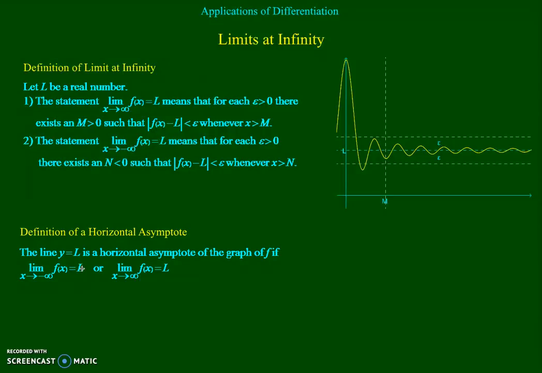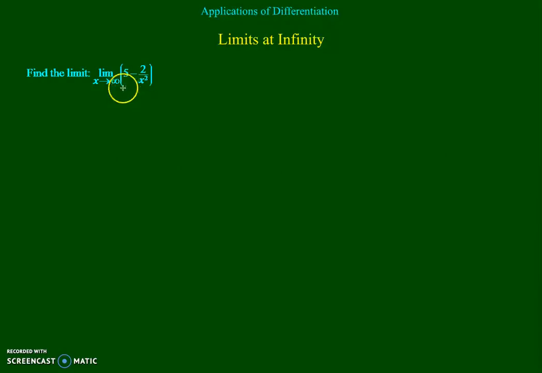Okay, well, let's put that into some more terms where we can actually find limits as x approaches infinity, which we call limits at infinity. So in this problem, we want to find out what's happening with this function as x approaches infinity. Well, the first term in the expression is a constant. So no matter what the x value is, the function is always going to be at 5 for this first term.